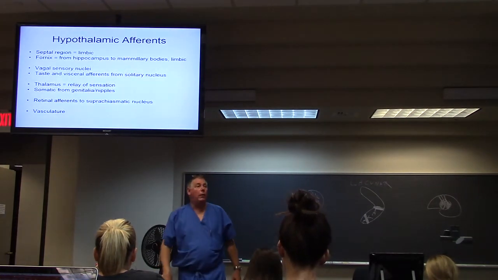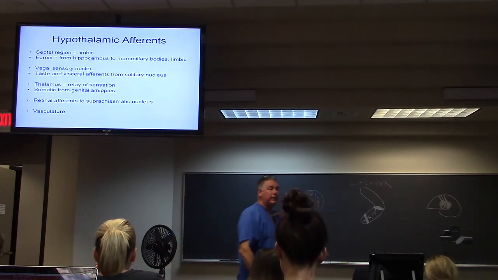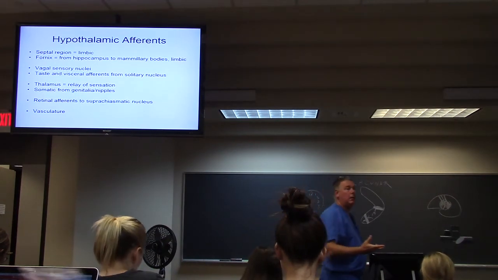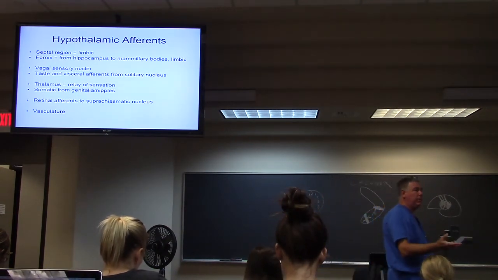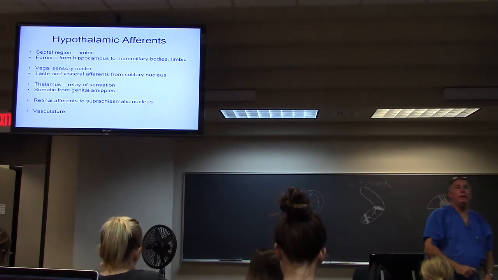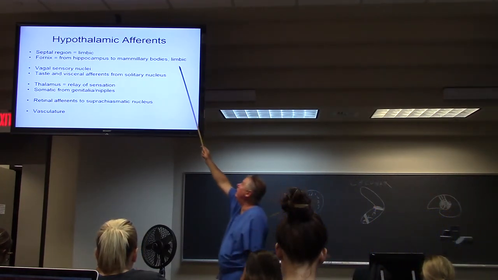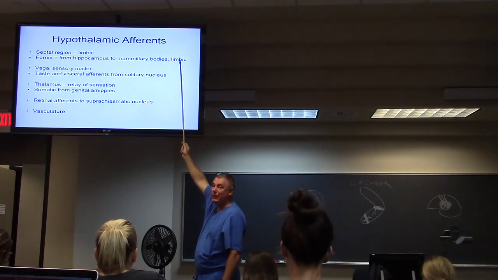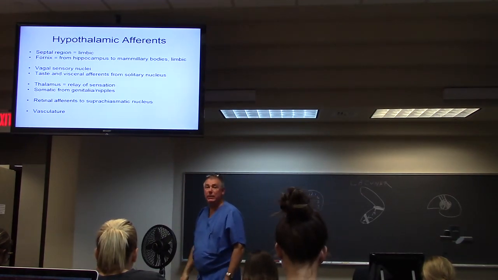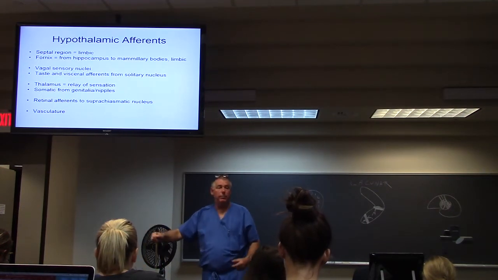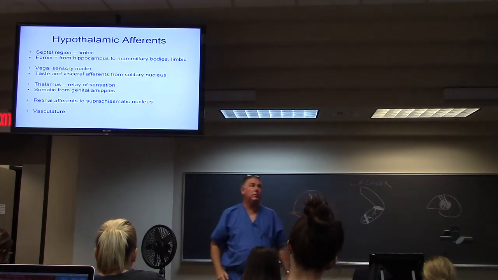It also receives projections from the fornix, which travels from the hippocampus to the mammillary bodies. I'll show you a picture of them in a second. These two are part of what's known as the limbic system. I cover the limbic system tomorrow. So the limbic system projects to the hypothalamus.